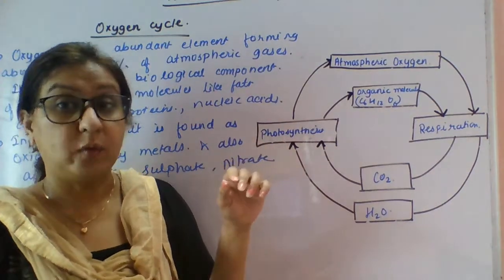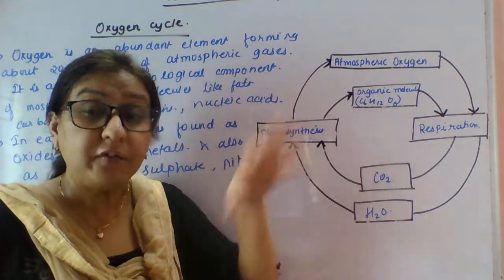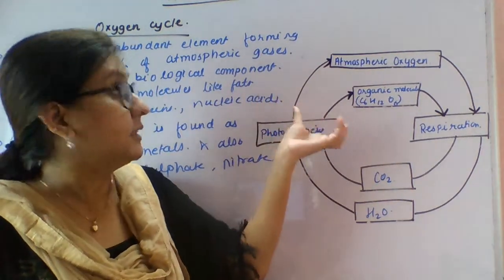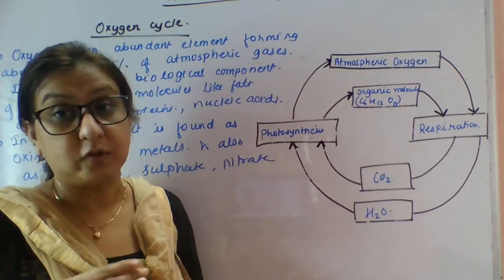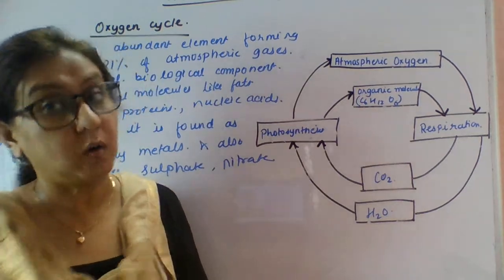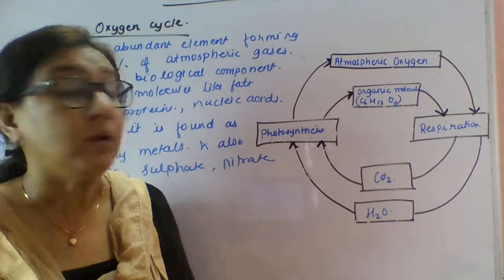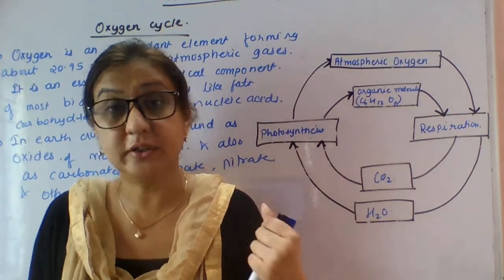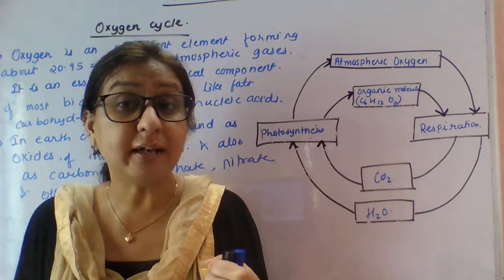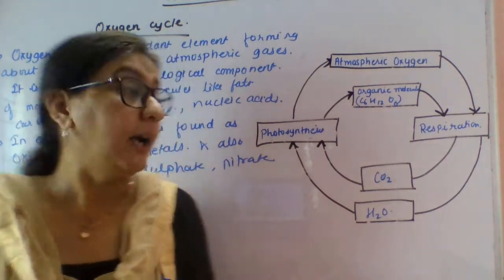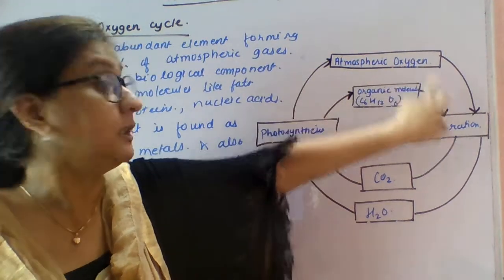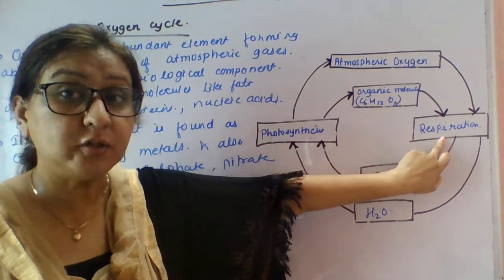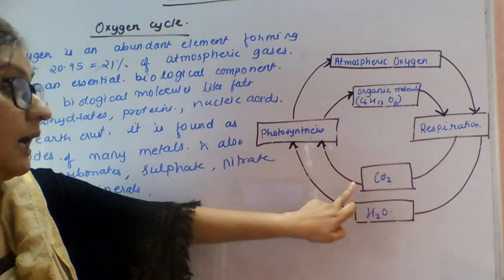After the process of photosynthesis, this oxygen gets back to the atmosphere. Obviously, during photosynthesis, plants release oxygen into the atmosphere, so it is utilized by living organisms and gets back to the atmosphere. So here you can see the atmospheric oxygen, during respiration it is consumed, exhaling CO2.